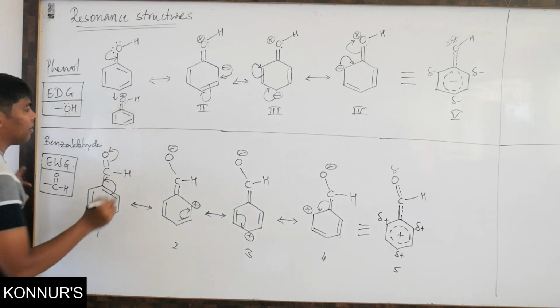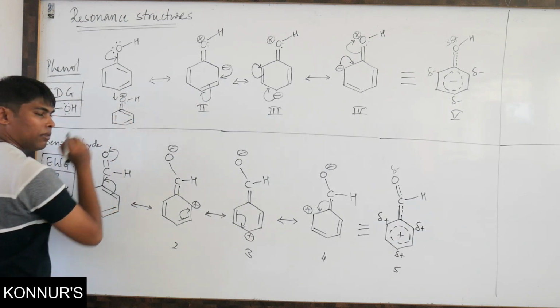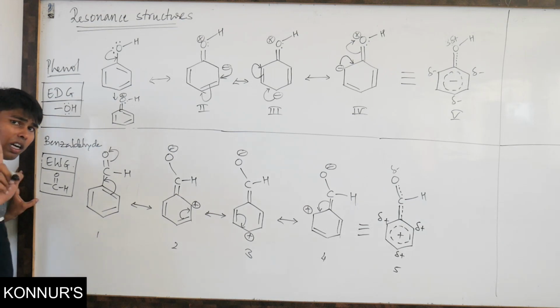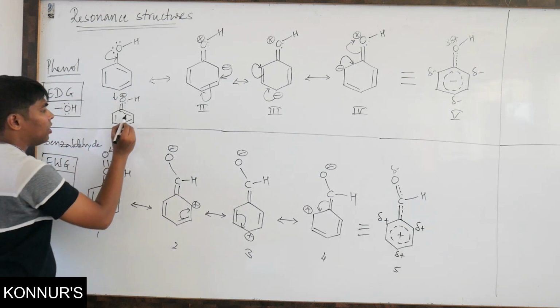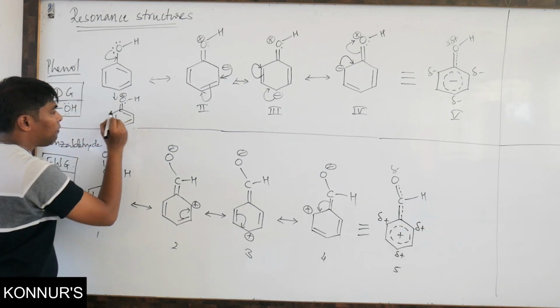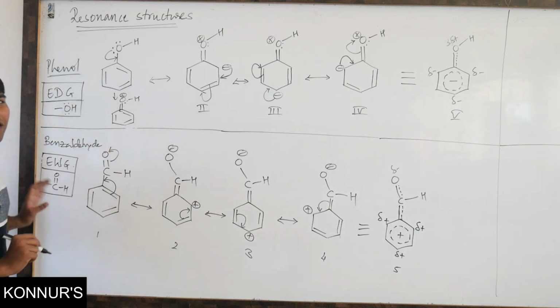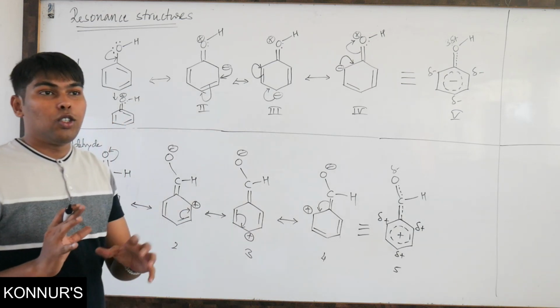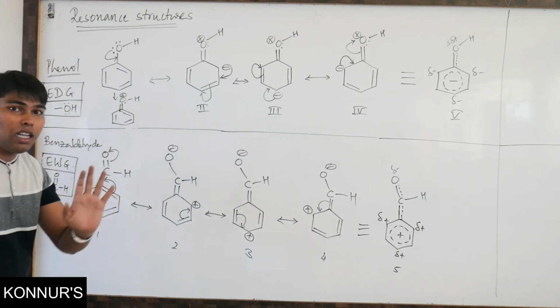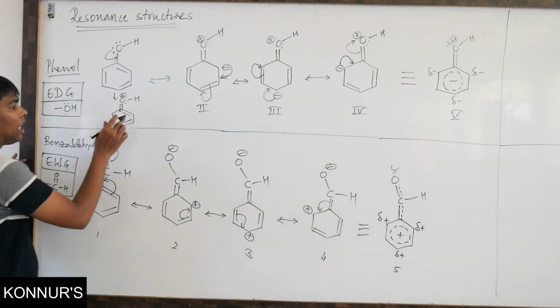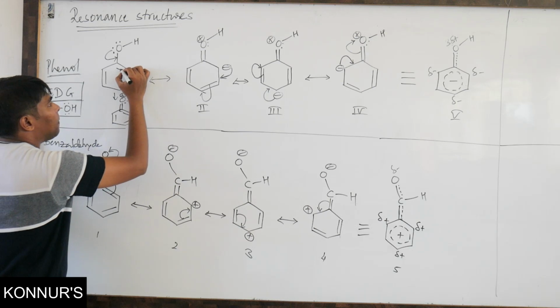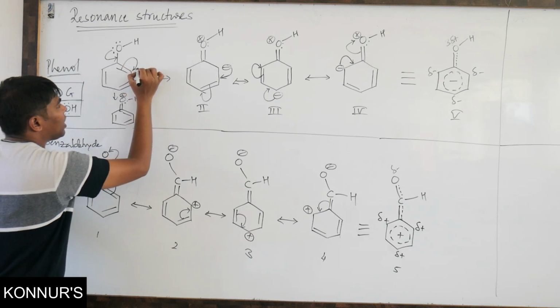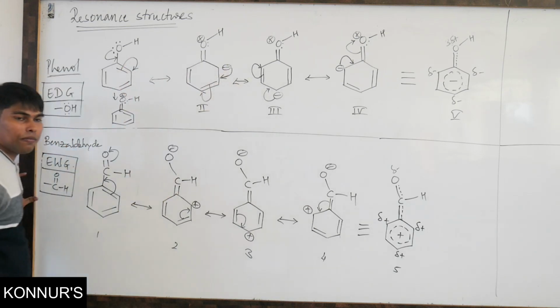Why? I will tell you. See here. This is the carbon. Now count the number of bonds with that: 1, 2, 3, 4, 5 are there, but the valence of the carbon is 4. So this should not happen in the resonance. What happens? This bonded pair is converted into a lone pair.